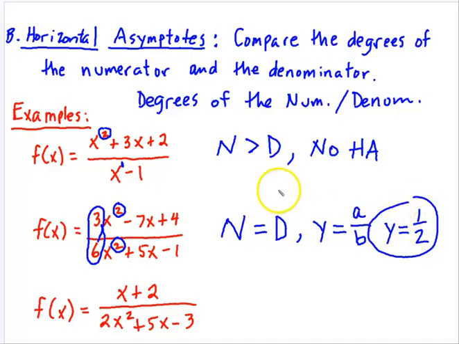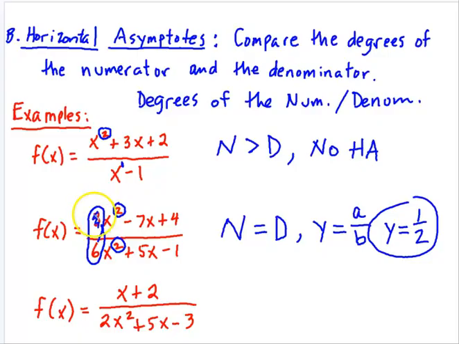All right, so recap. If the numerator degree is bigger, don't have to worry about it. If they're the same, you're going to make a fraction out of the lead coefficients, and that will be your horizontal asymptote. Let me just throw another one here. Let's change the problem a little bit.